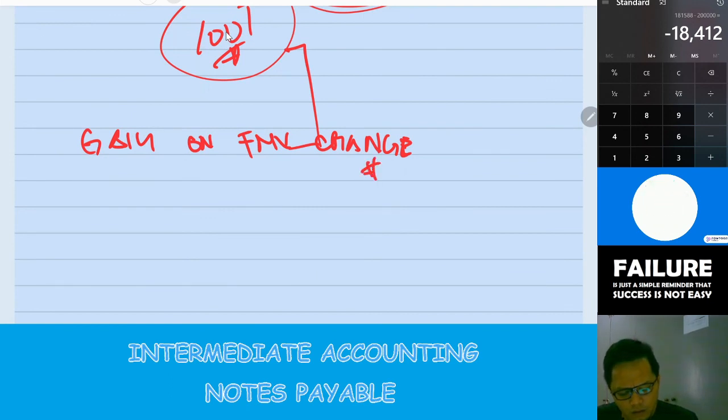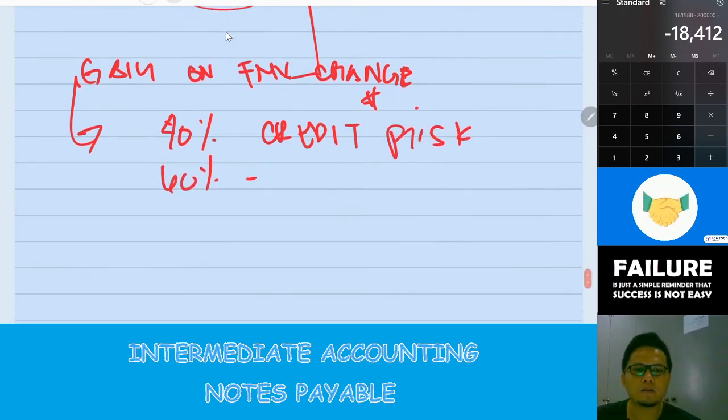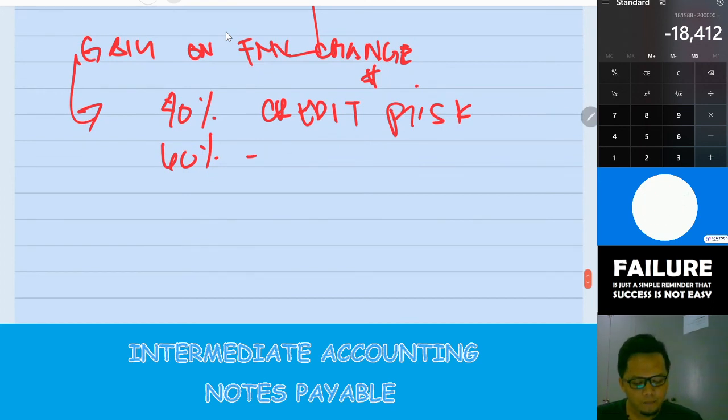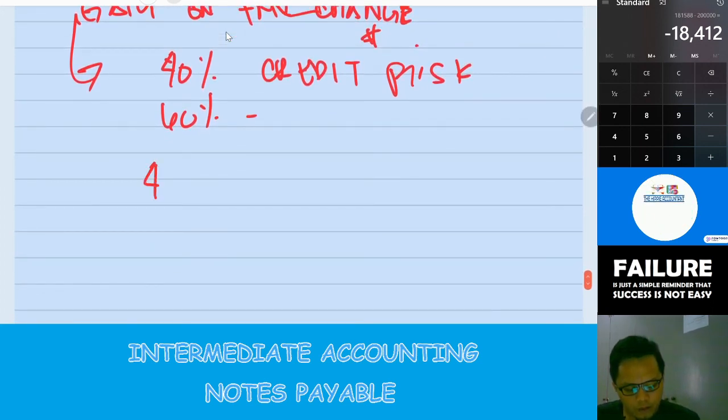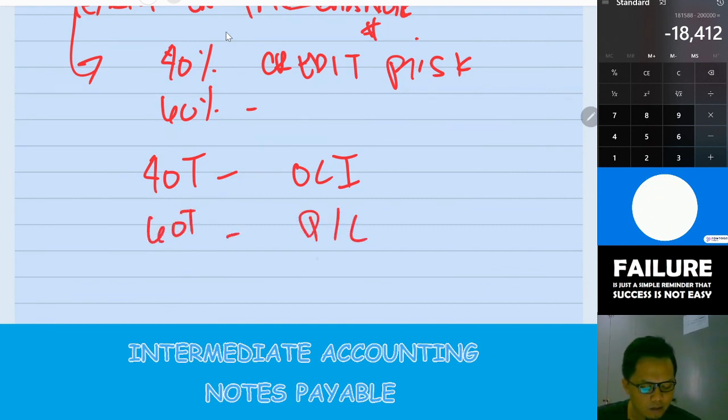Now, if this particular gain, let's say, 40% of this was determined because of credit risk, while the 60% regular as is. 40,000 will be presented as gain through OCI, while 60,000 will be presented regular profit or loss.